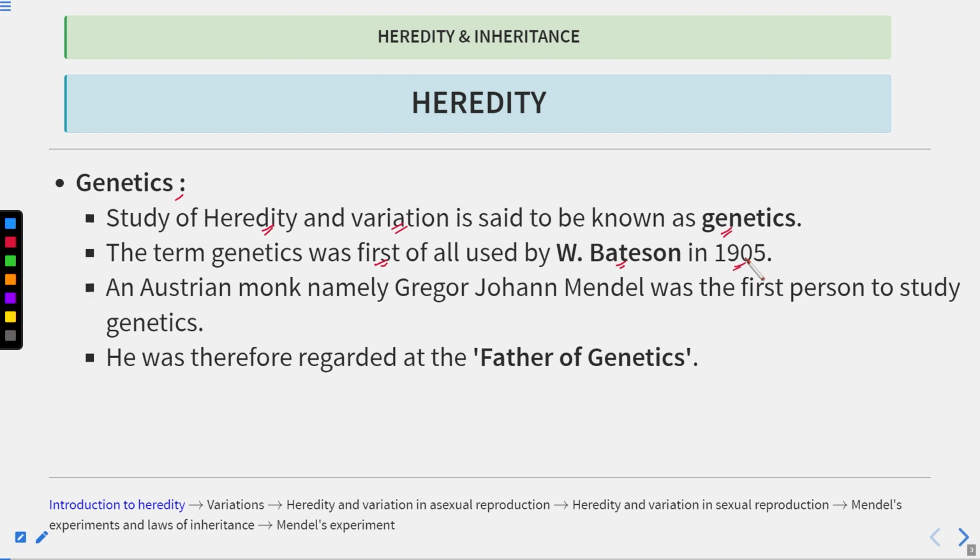But Gregor Johann Mendel is known as the father of genetics. Gregor Johann Mendel was an Austrian monk, and he was the first person to study genetics. That's why he is regarded as the father of genetics.